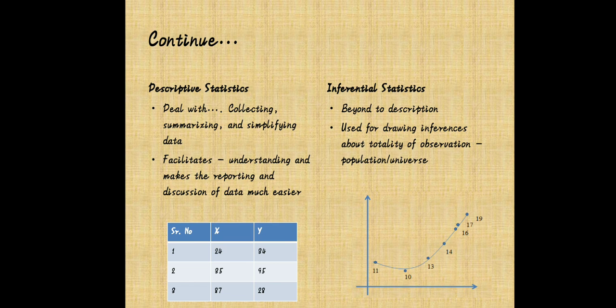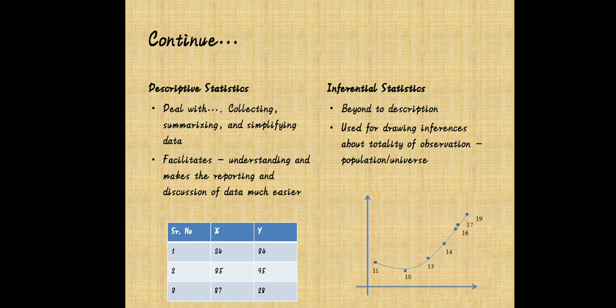Okay, whereas in inferential statistics we can see that the statistics goes beyond description. What exactly do I mean? With this tabulation form we can present the particular data in a row and column manner. But when we convert this row and column manner into a graphical presentation, we can make some kind of inferences out of that graphical presentation.